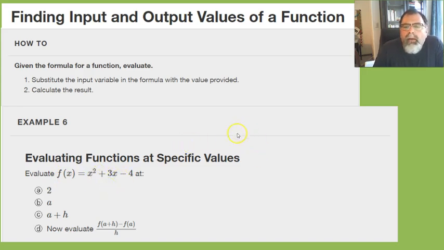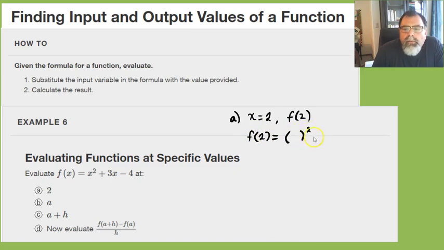So if I want to evaluate f of x at, they should have told us x equals 2, right? Or evaluate f of 2. That's typically where you will see it. So f of 2 is equal to, you're going to substitute.